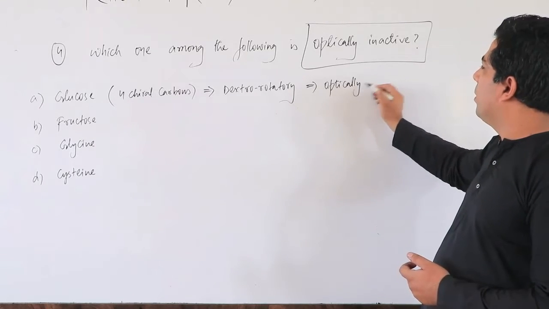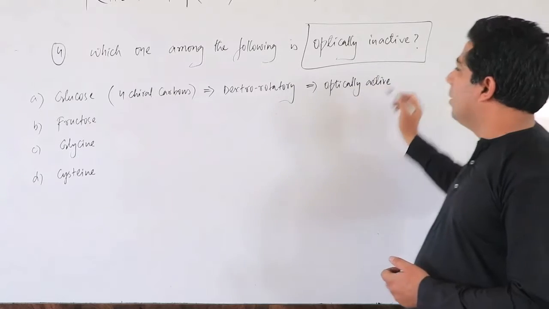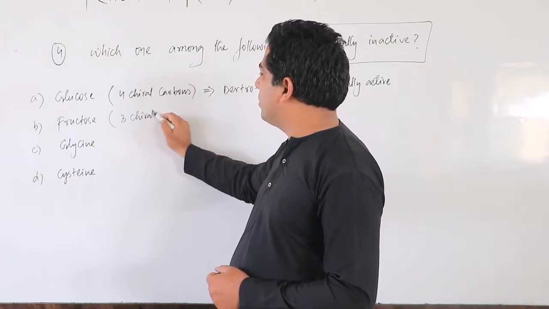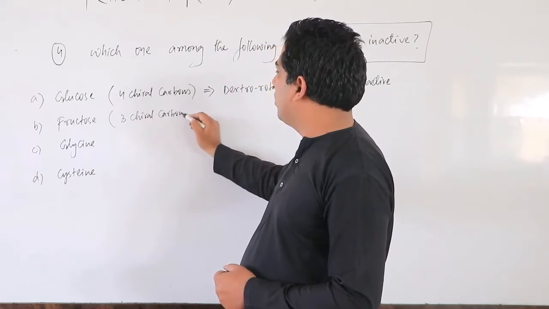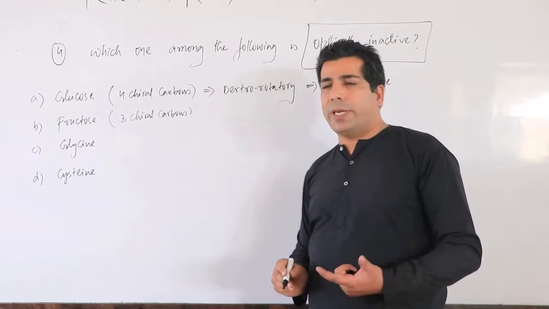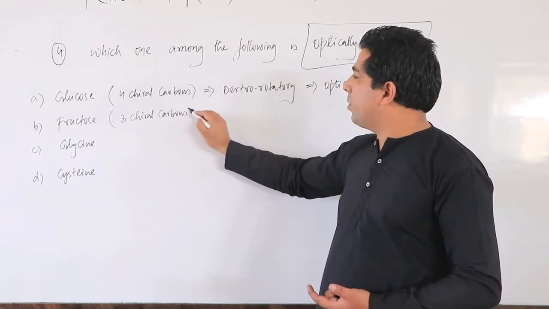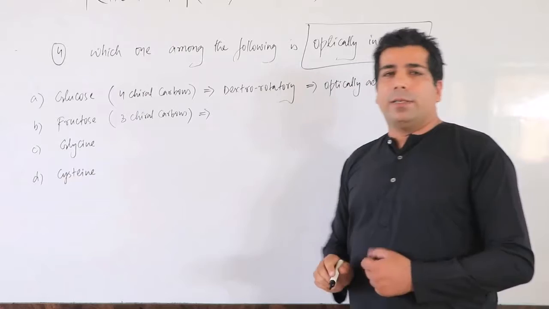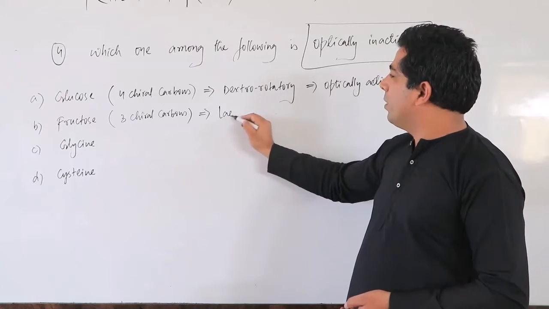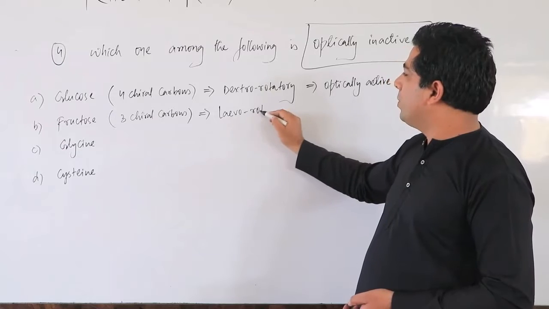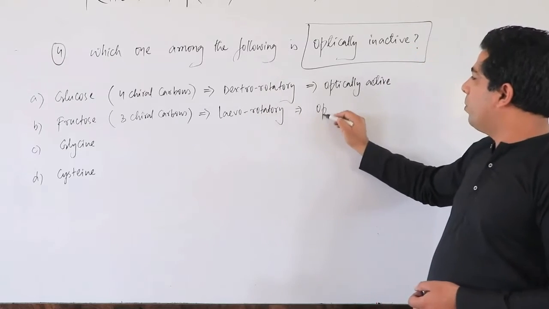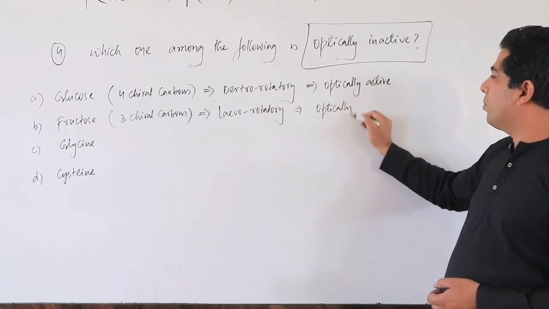Now if you talk about fructose, fructose has only 3 chiral carbons. If you prepare the solution of fructose, as we have already discussed earlier in theory, it can rotate the light in anti-clockwise direction, so it's a levorotatory molecule, and so it's optically active. It can rotate the light.